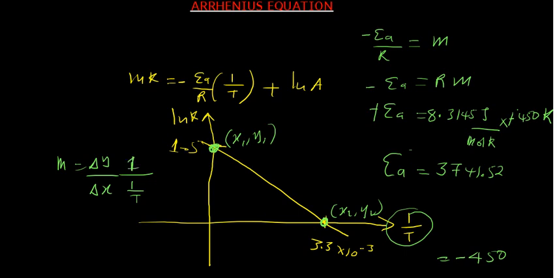So 1 divided by 1 over T, we are going to have T. That is why this has a unit of temperature. So the Kelvin is going to cancel out with the Kelvin, and the unit now remains joule per mole. That becomes the activation energy for this problem. So that is how we are able to apply the Arrhenius equation in this form to determine the activation energy.